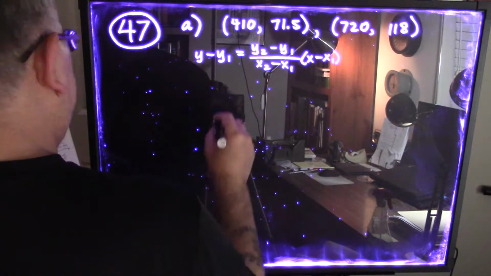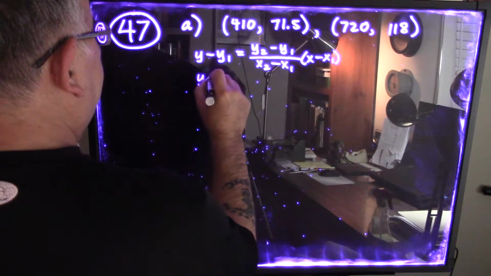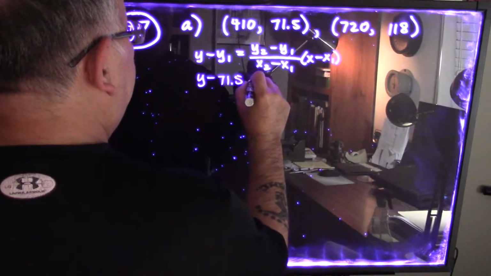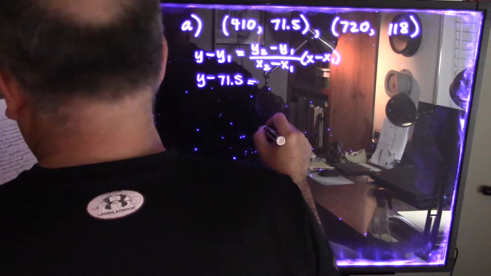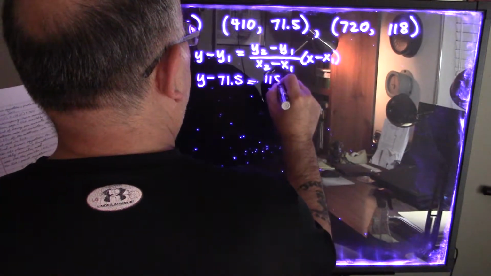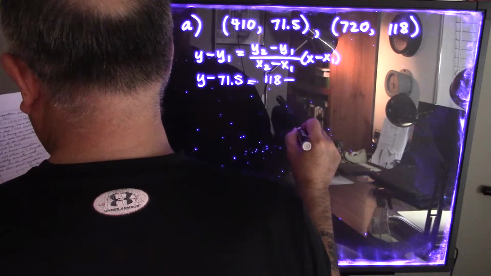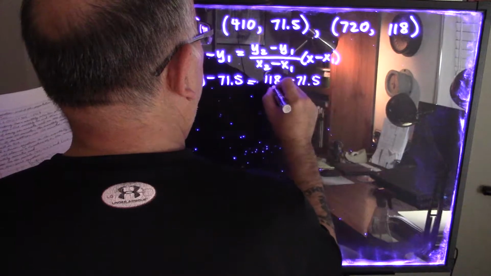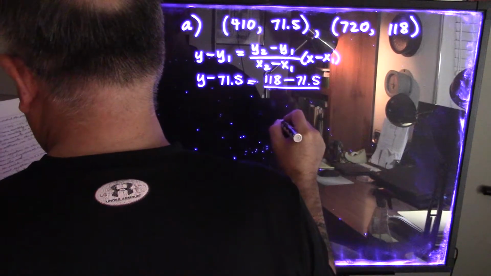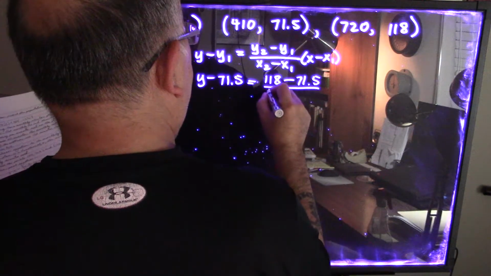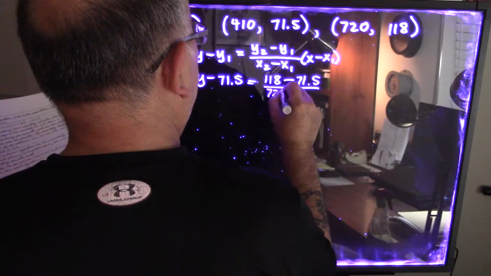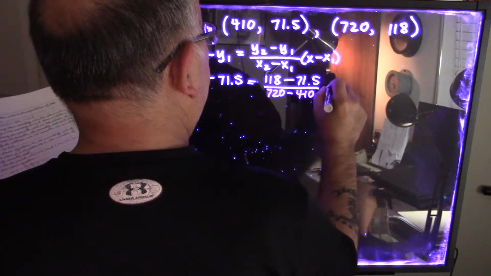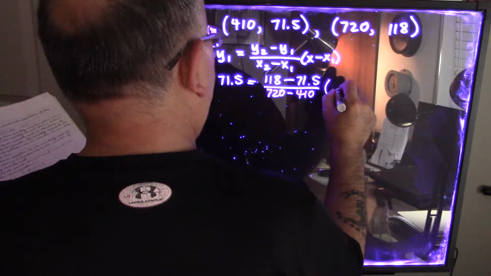So that's y minus 71.5 equals 118 minus 71.5 over 720 minus 410 times the quantity x minus 410.